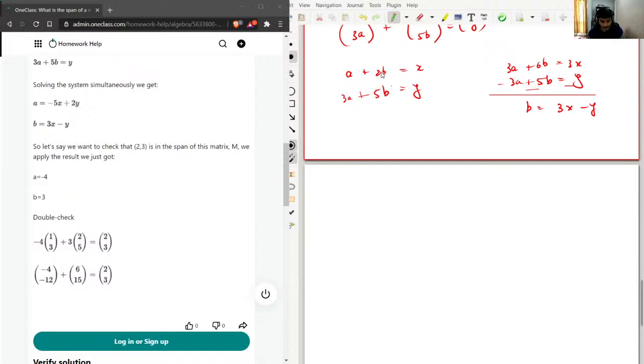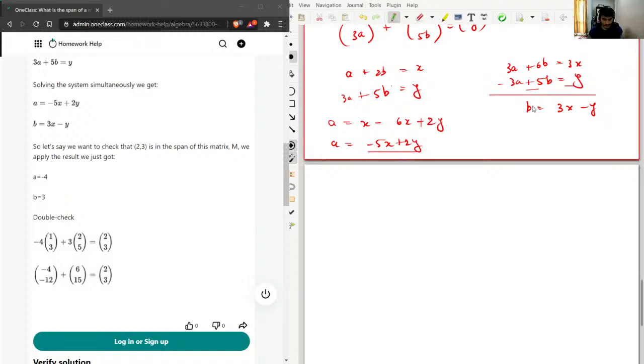Then we put the value of b here, so a equals x minus 2 times (3x minus y), which becomes minus 5x plus 2y.